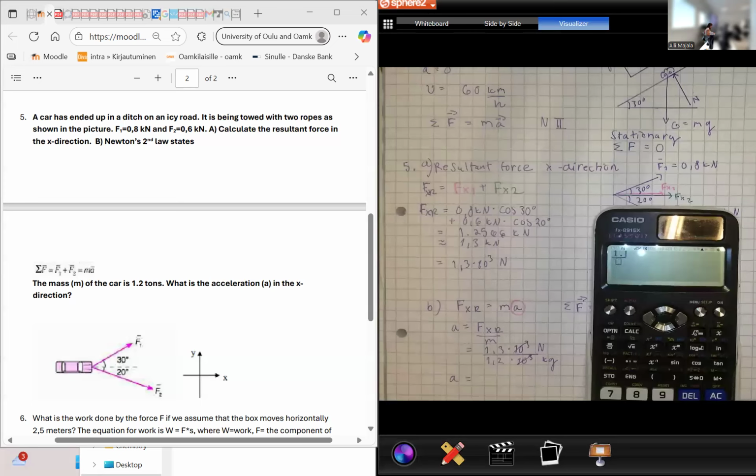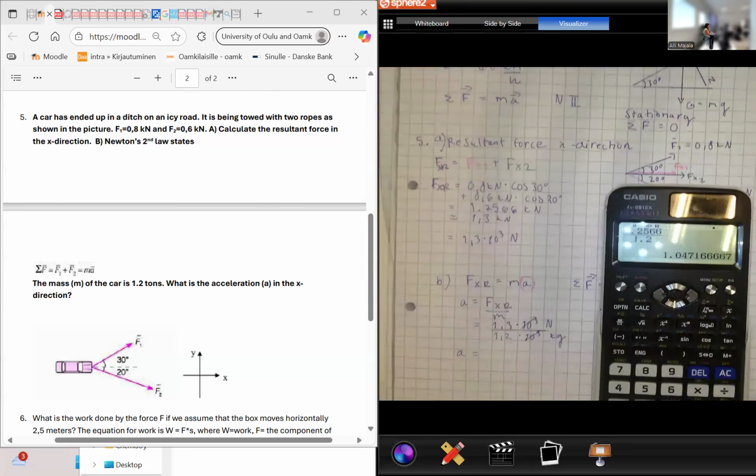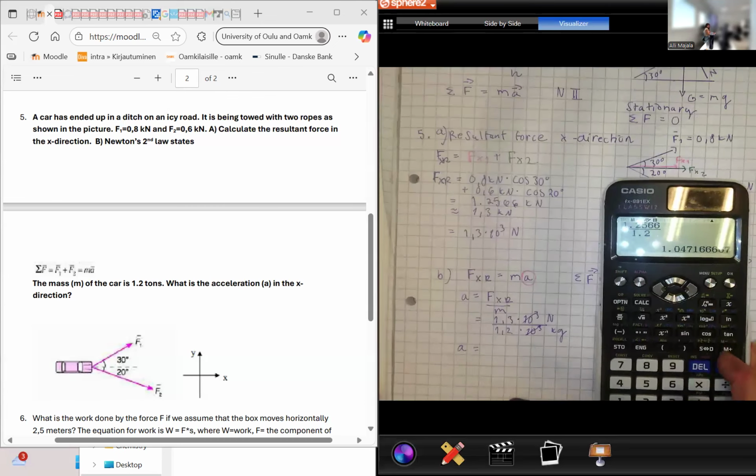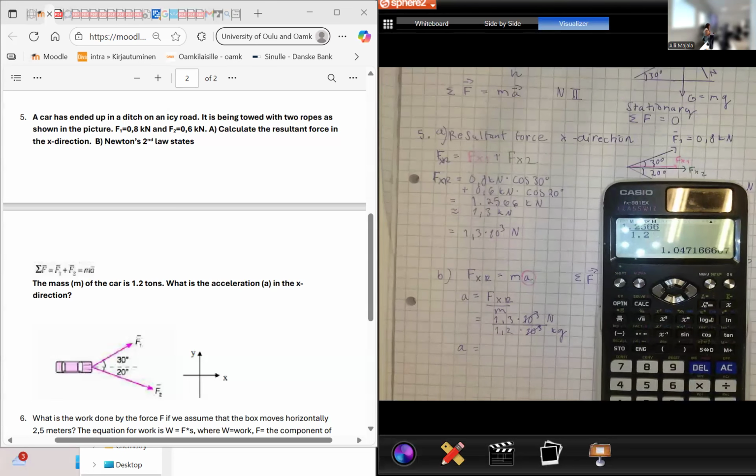I have to put a more accurate value. But in Excel, you always keep all the decimals anyway. Now we're calculating with the hand calculator, because we are just learning the very basic ways of handling the equations.